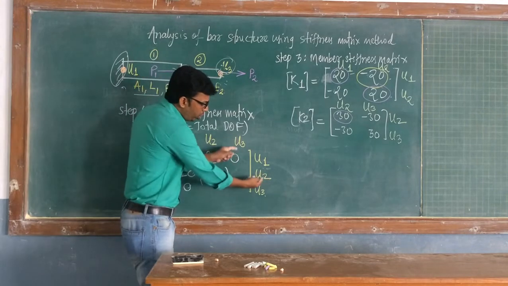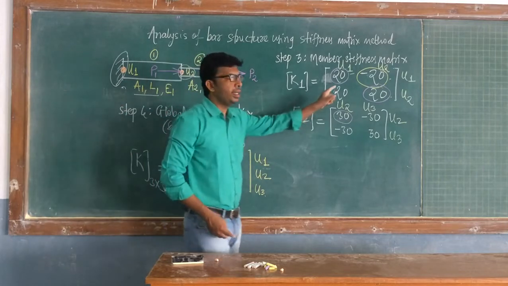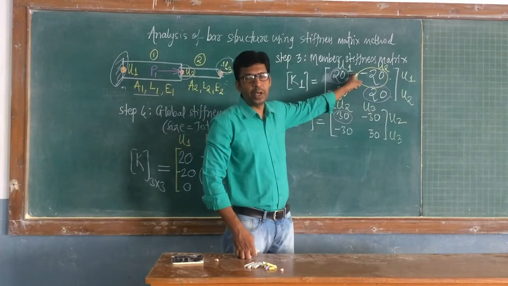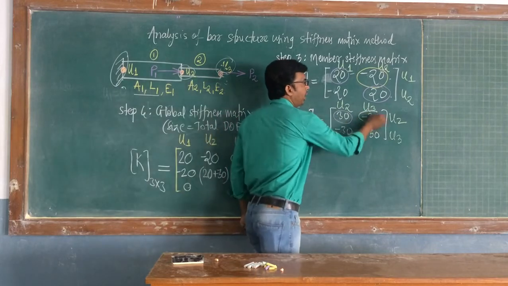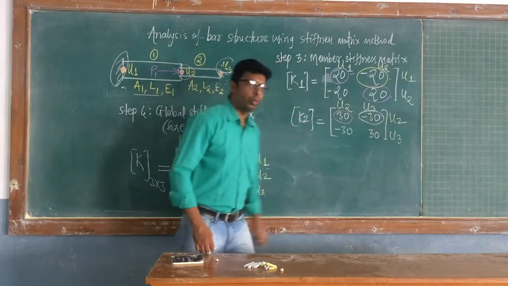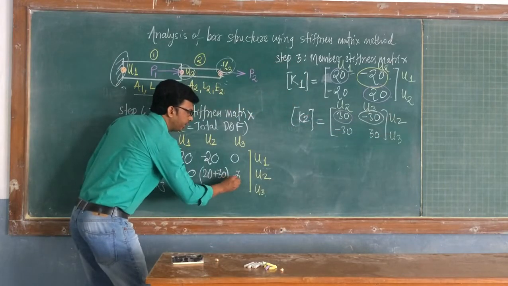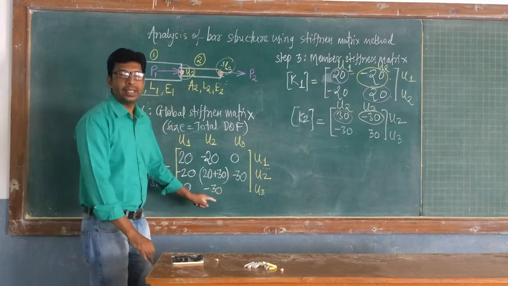Then the next element, column U3, row U2. This combination is not present in the first matrix, but it is present in the second matrix: minus 30, U3, U2. So it is minus 30.